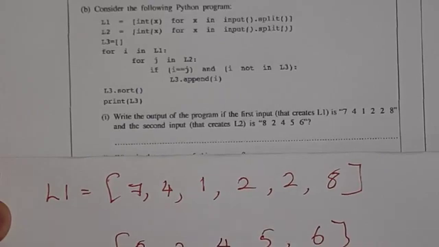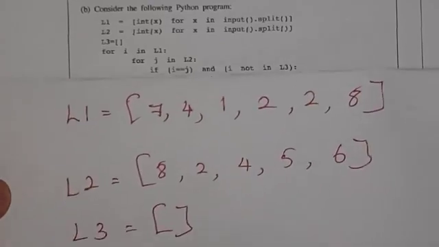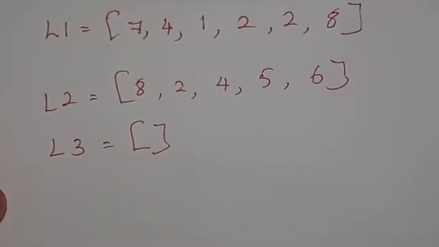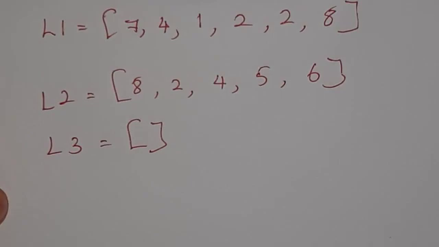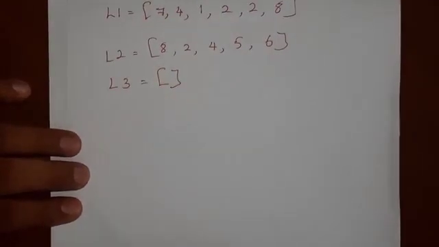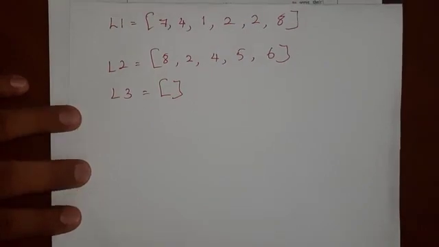L3 at the beginning is empty. These are the data items available. Then we understand how the output is created. The output is generated in this manner.